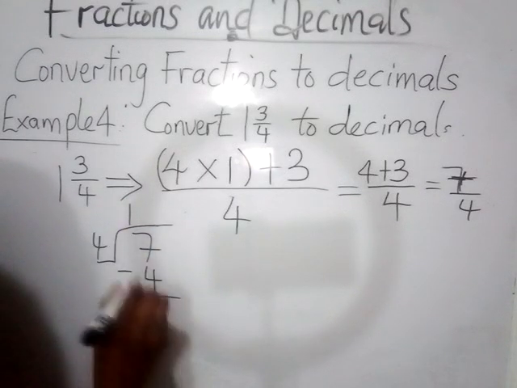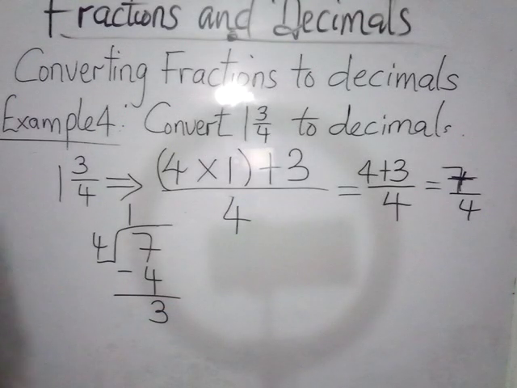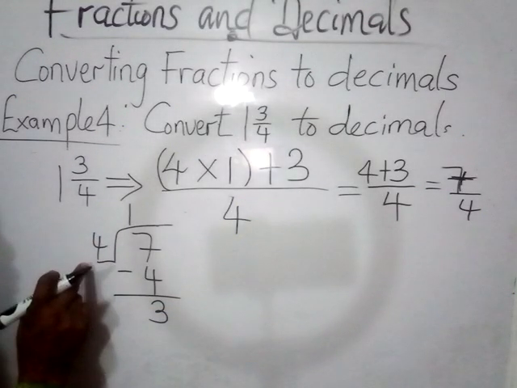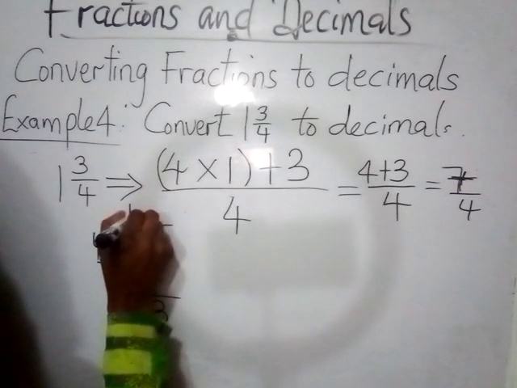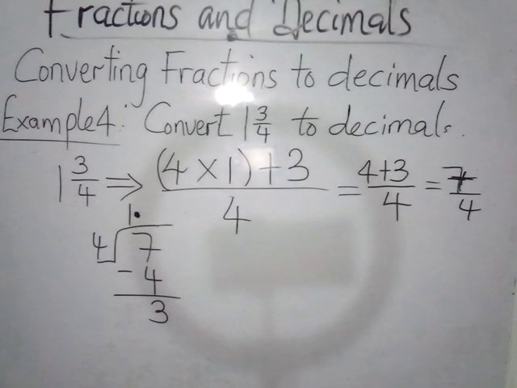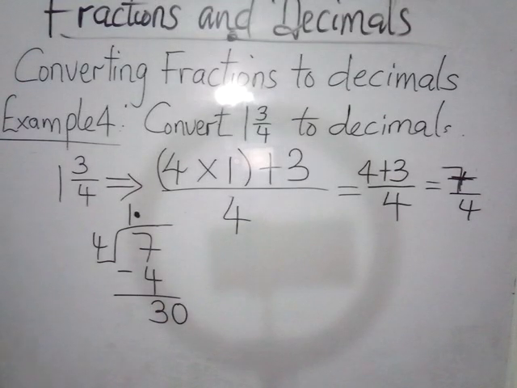So when you subtract 4 from 7, you have 3, right? Now 3 is smaller than 4. We can't divide 3 by 4. That means we are going to introduce a point, okay? And once that point is introduced, you add 0 to the 3. So now 3 has become 30.